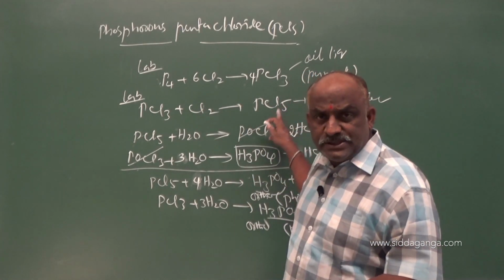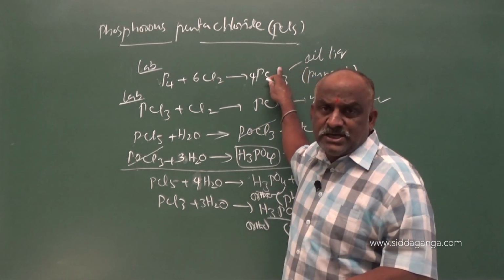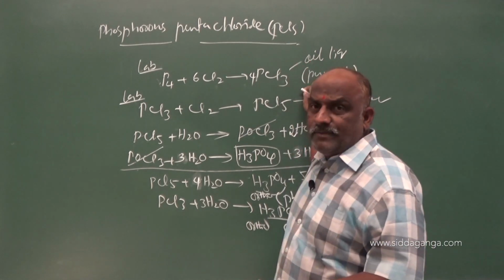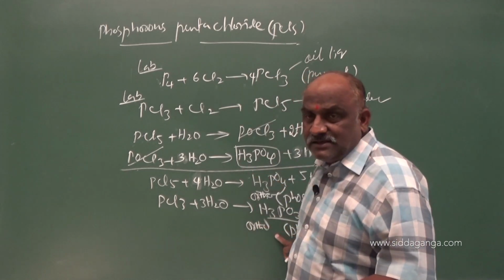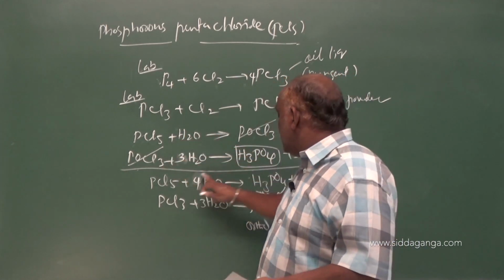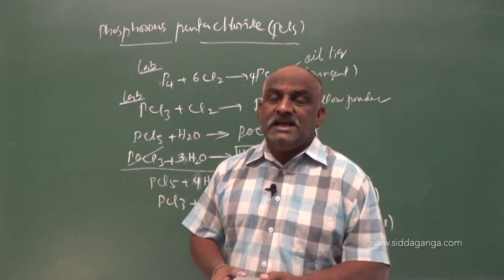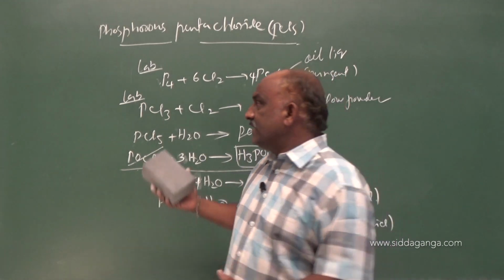Phosphorus pentachloride is a yellow colored powder, while phosphorus trichloride is an oil-like liquid, and both have a pungent smell. PCl3 dissolved in water gives rise to us acid, PCl5 dissolved in water gives rise to ic acid. These us and ic acids are phosphorus acid and phosphoric acid.